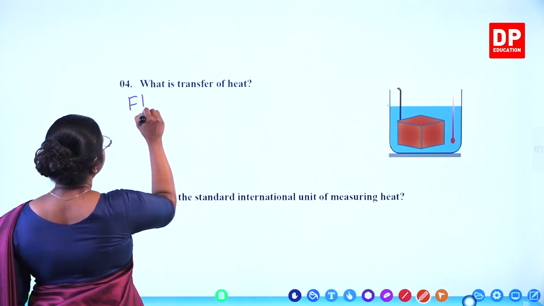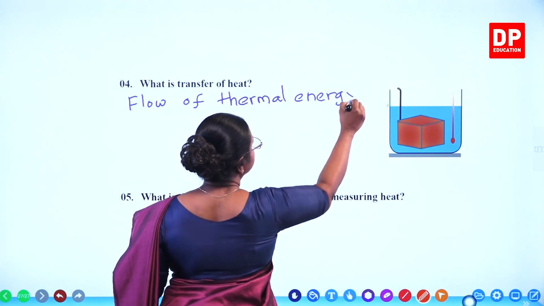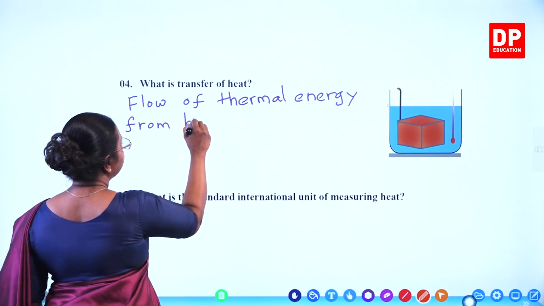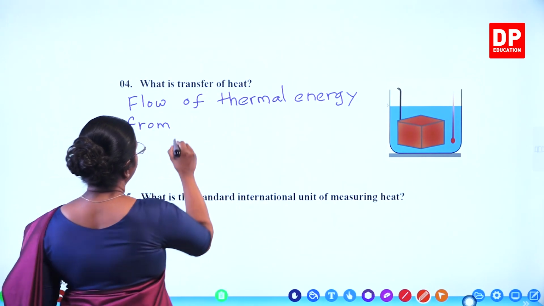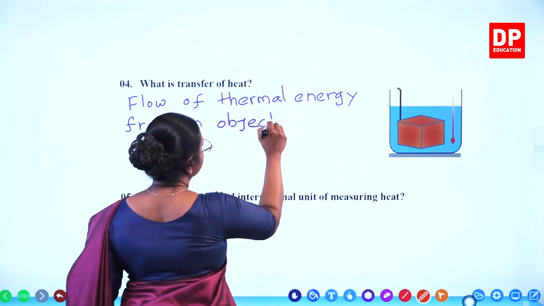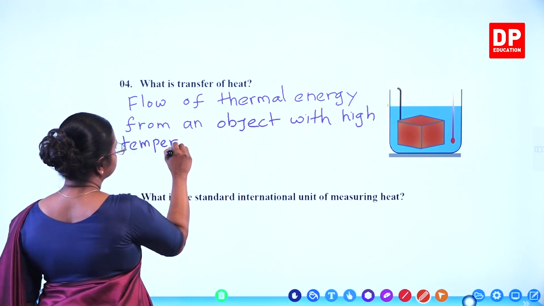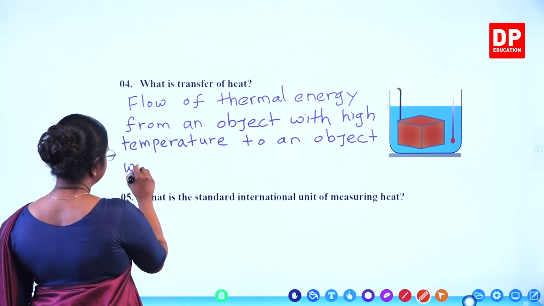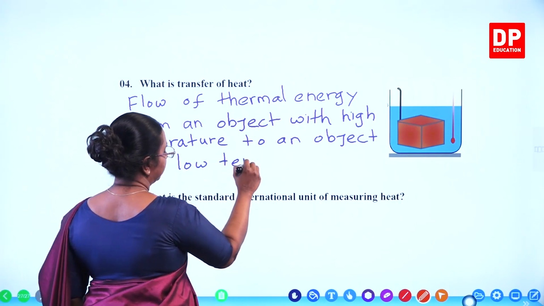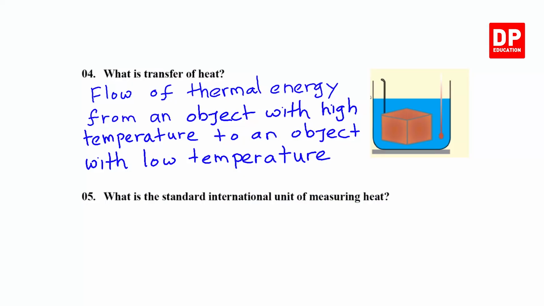So we can say flow of thermal energy from an object with high temperature to an object with low temperature when in contact.